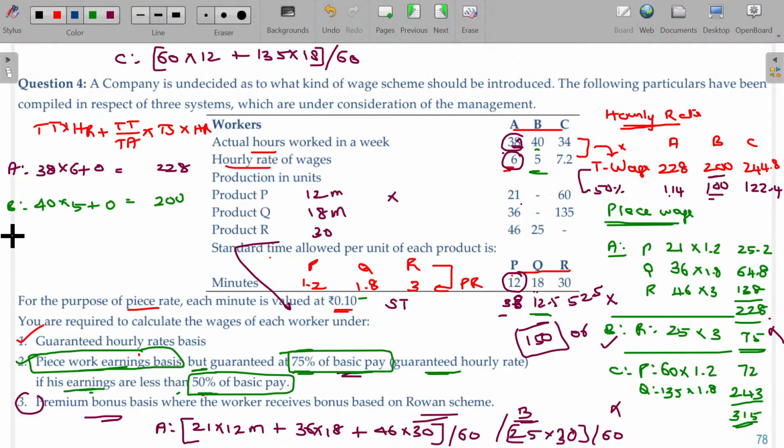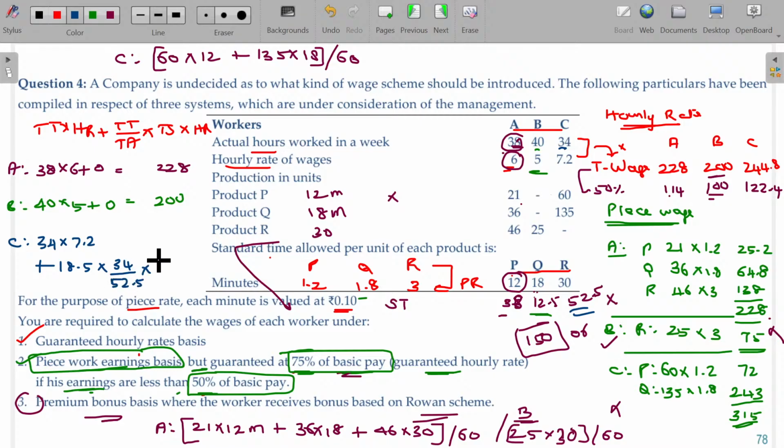In case of C, time taken being 34 into hourly rate being 7.2 plus, 52.5 hours is the standard, but he has completed in the 34th hour itself. 18.5 will be the time savings, and for that, time saved into hourly rate will be considered.